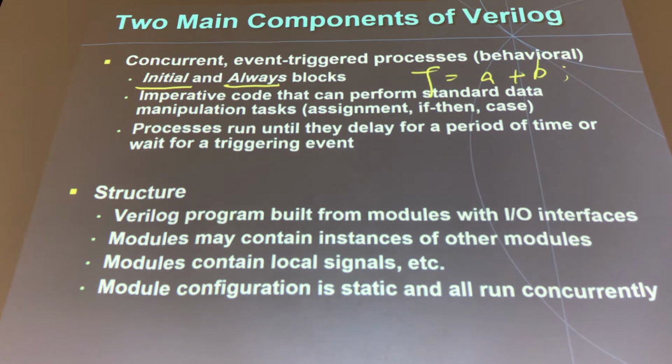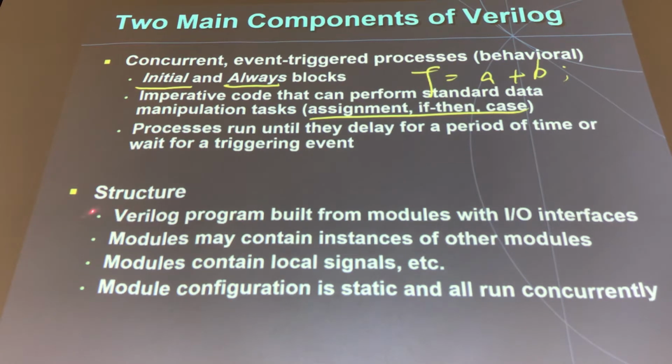That's a typical imperative statement. Or if-then, okay, these are typical C statements, right? Processing one until they delay for a period of time or wait for a triggering event. We'll give you some example in a few minutes.